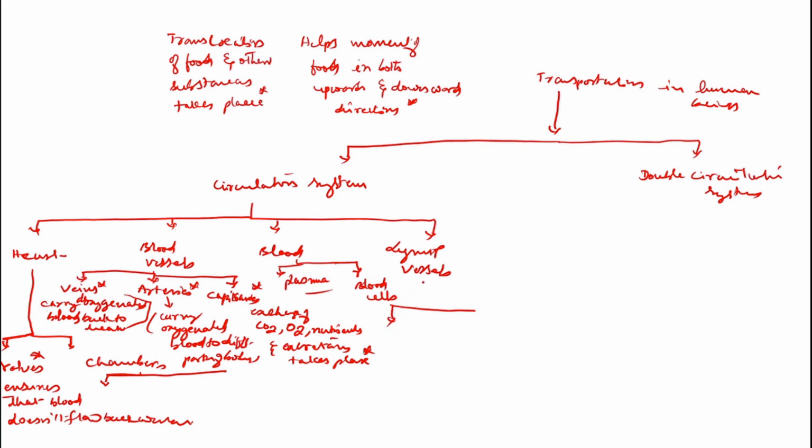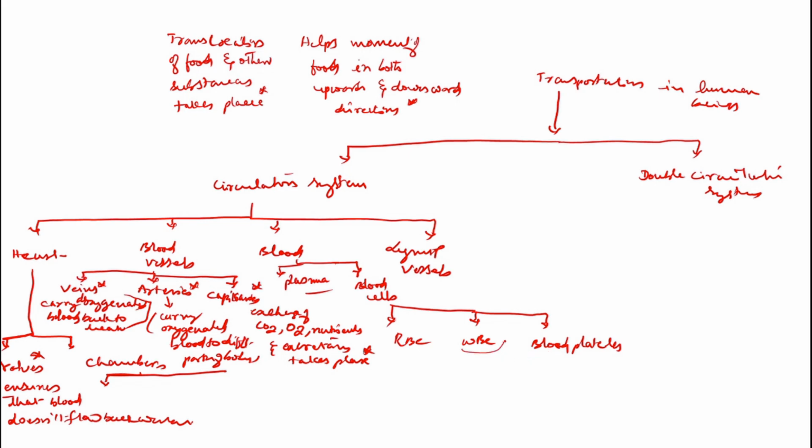Blood cells have RBC, WBC, blood platelets. RBC means red blood corpuscles, WBC means white blood corpuscles, and blood platelets. All are important.